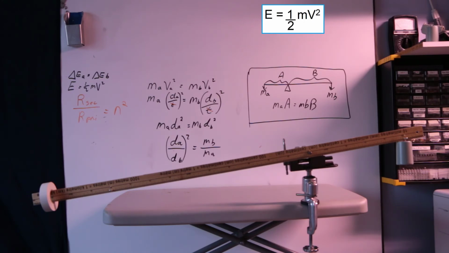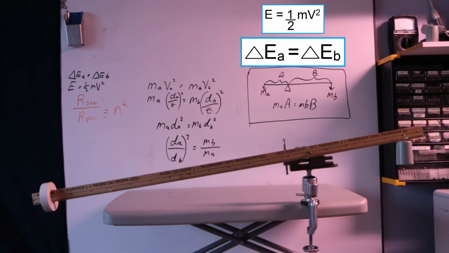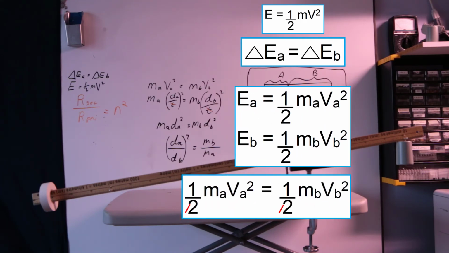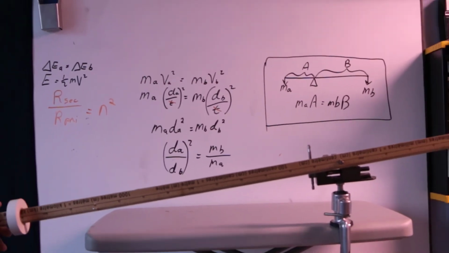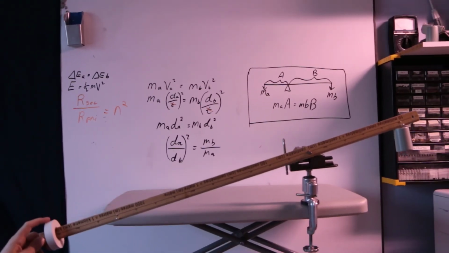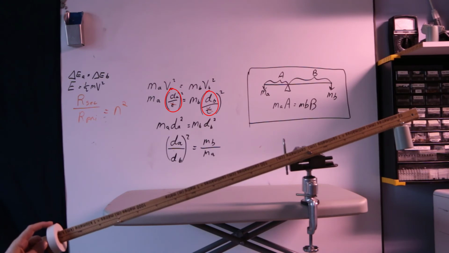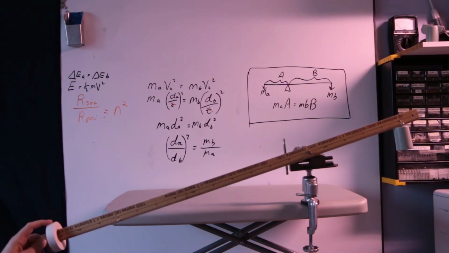Okay, so I can also say that delta E A equals delta E B. So if I boil it down and get rid of that 1/2, I can make them equal to each other just by saying m_A v_A squared equals m_B v_B squared. So if I unpack it a little bit more and get rid of my t's on either side, turning velocity into distance over time, okay, that's fine.